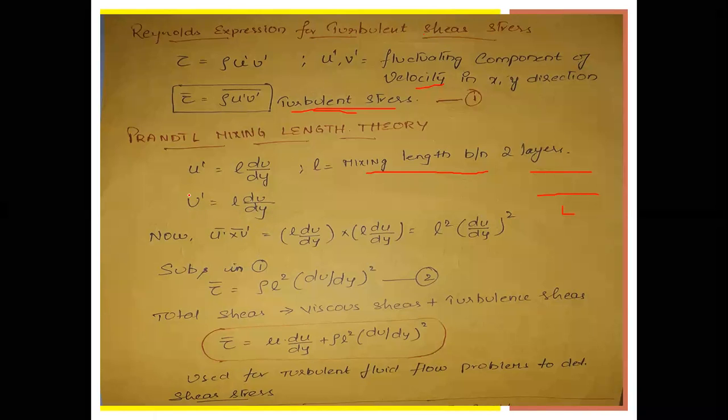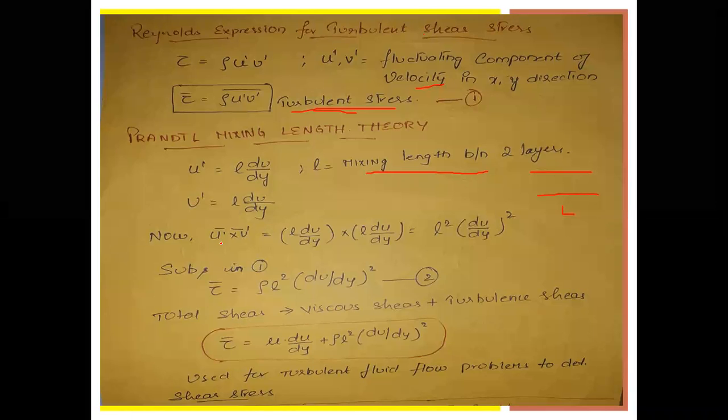Now multiplying the x and y directions, u dash bar into v dash bar is equal to L du by dy into L dv by dy, that is equal to L square into (du by dy) whole square.